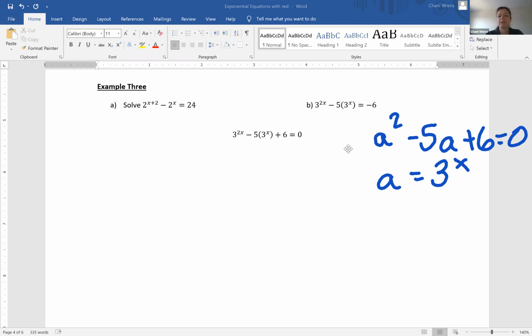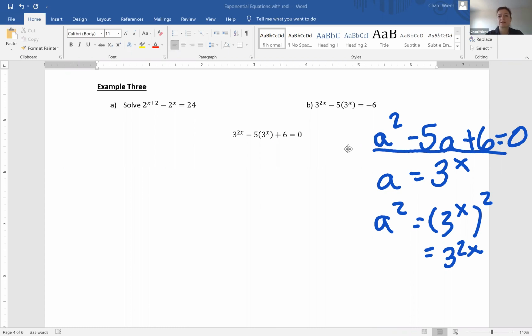Okay, because think about it, then that means a squared is 3 to the x squared, which is 3 to the 2x, right? That rule says we multiply the exponents. And then we have 5 times 3 to the x plus 6. So we need to factor this just like we would this equation, which factors to a minus 2, a minus 3. Okay, but in this case, a is 3 to the x.